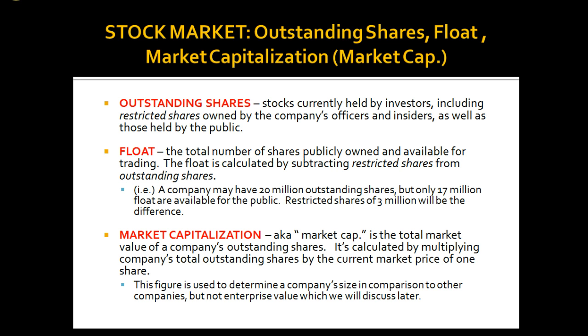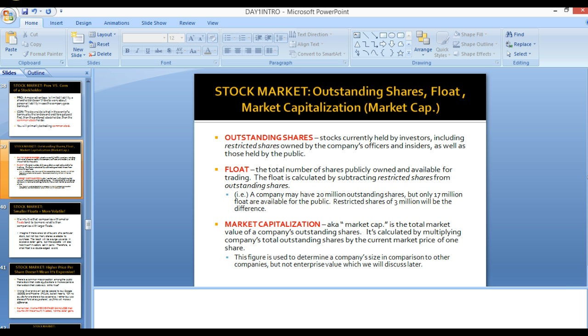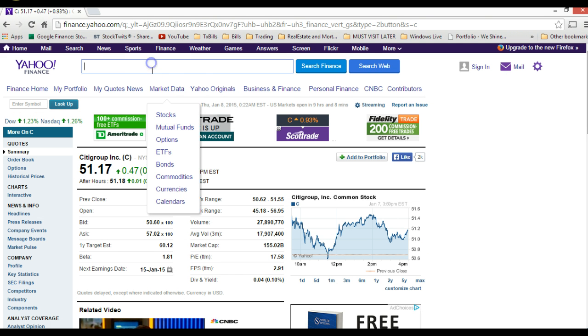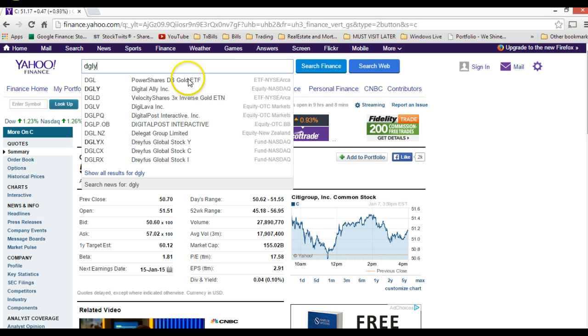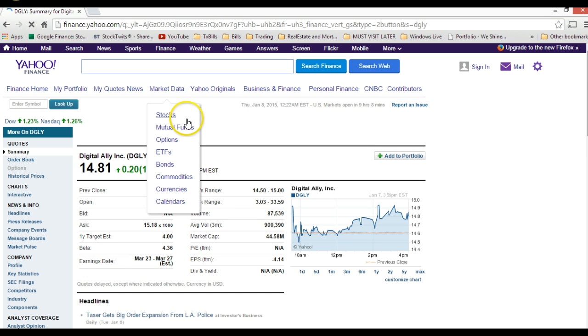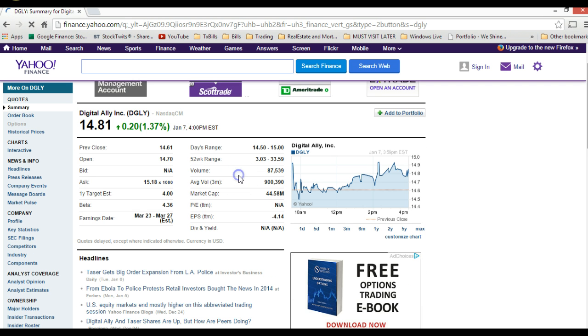Okay, now let's look at a couple of companies for their outstanding shares and float. One company I want to look at is DGLY. Now this stock and Taser skyrocketed after the unrest in St. Louis due to the shooting of Michael Brown.